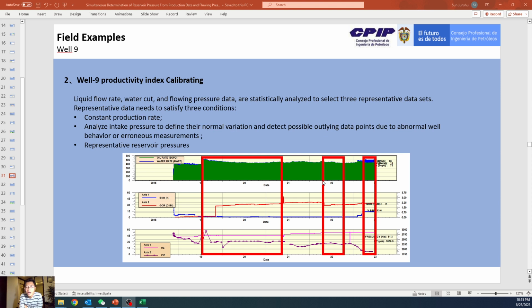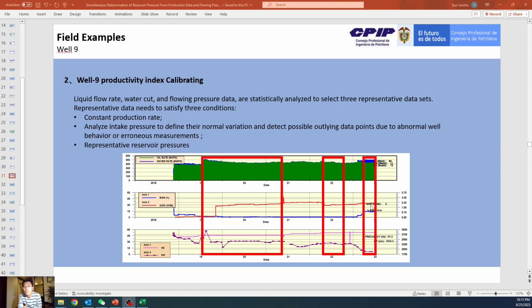The second period is from April 2022 to August 2022. Flow rate 460 barrels per day, and the ESP frequency keeps consistent.